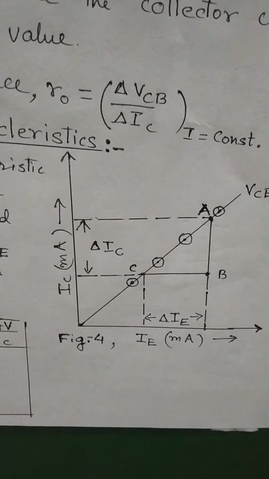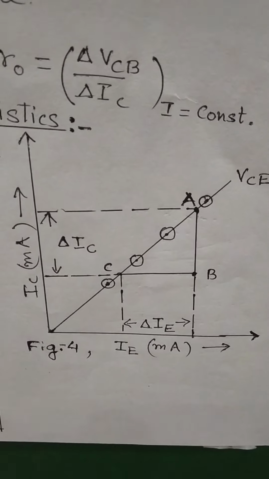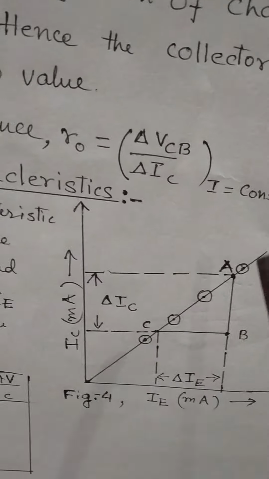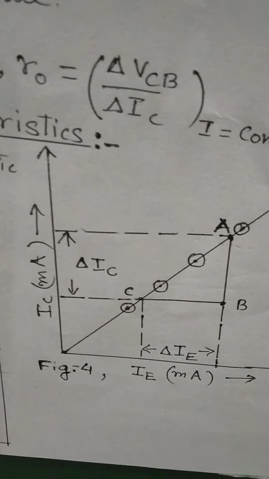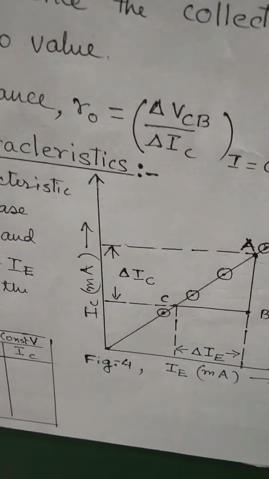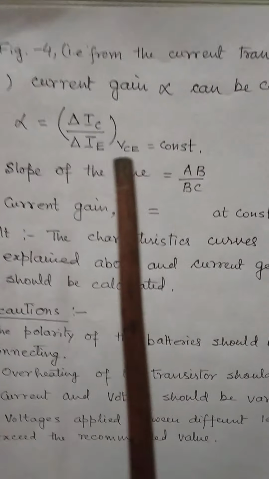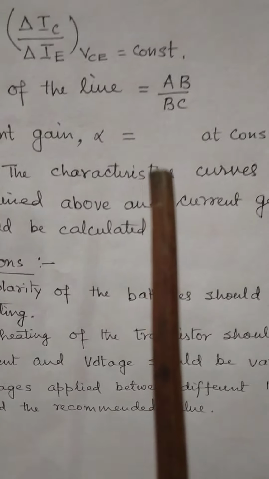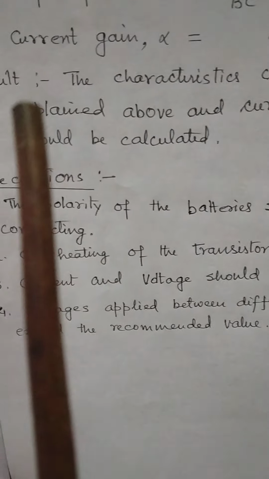This is the point A, this is the point C, and this is the point B. Now the slope of the line is AB upon BC, and current gain alpha can be calculated at a constant value of VCE.